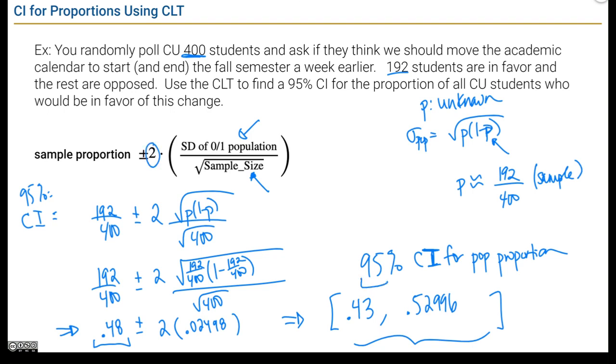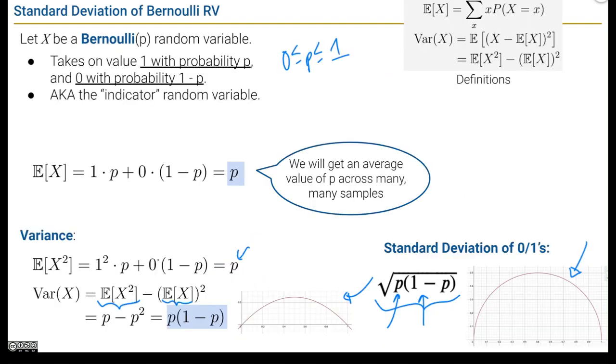So this is an example, and using the sample proportion as a proxy when calculating the standard deviation is fine. It is one choice. The other thing that you can do to be extra safe, because it's quite possible that this is incorrect, is to go back and look at the plot of this.